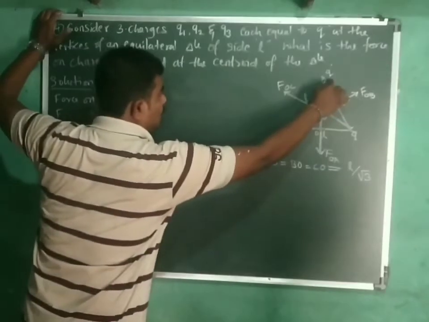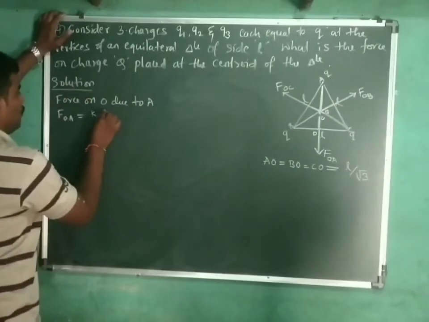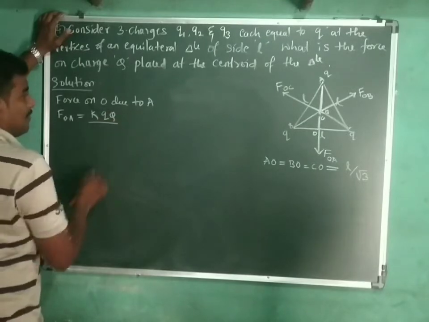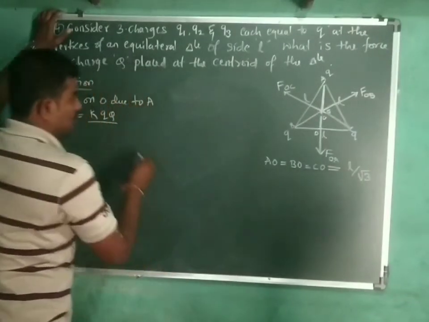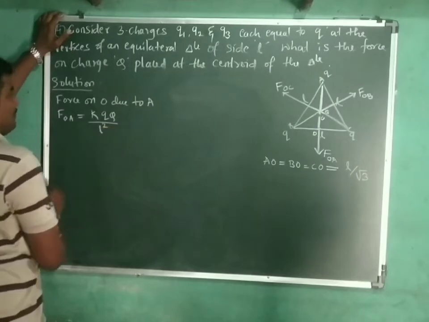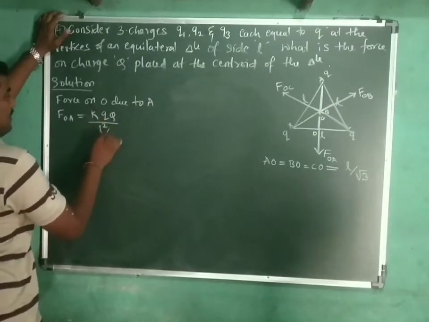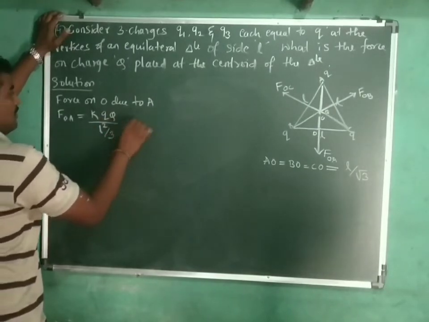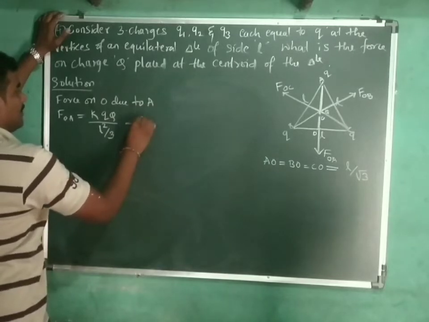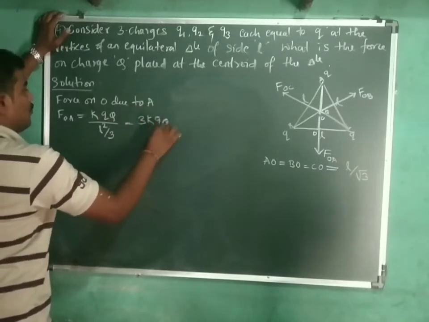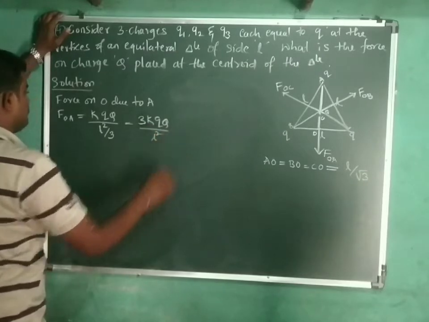Q1 is Q, Q2 is capital Q. So K Q Q divided by R square. R square means L by root 3 square, that is L square divided by 3. So it is 3K Q Q divided by L square.